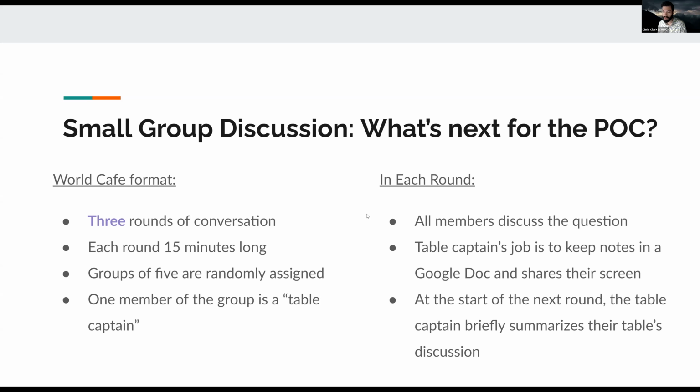The table captain's job is to keep those notes, share their screen, and then when we do the next round, that table captain will essentially stay at their virtual table, and new folks will be randomized together. So you'll be in 3 different groups. You may have some of the same people, you may have totally different people, but they're all going to be discussing 3 questions in sequence, and then at the end of that, the table captains will give us a brief report out.